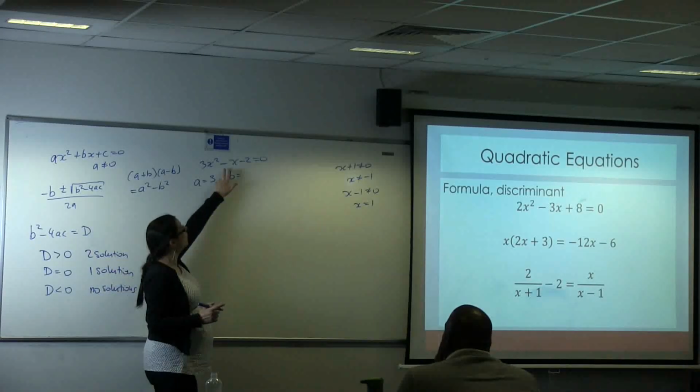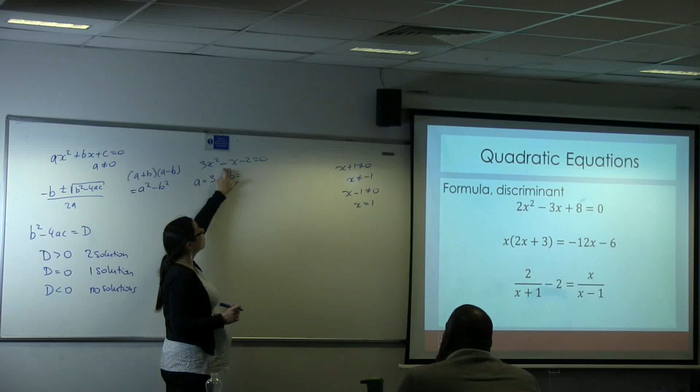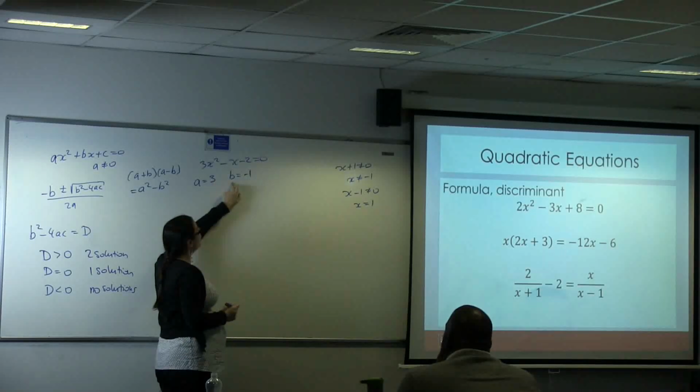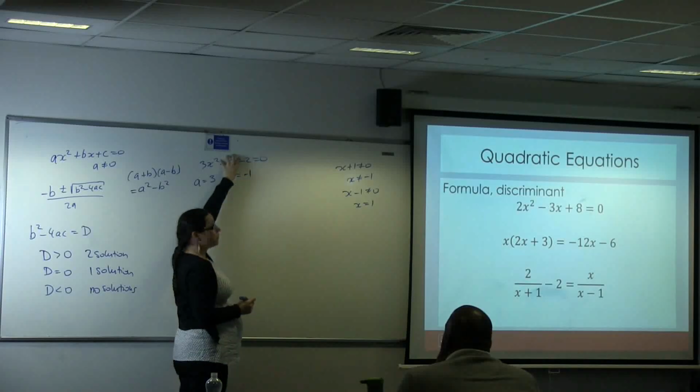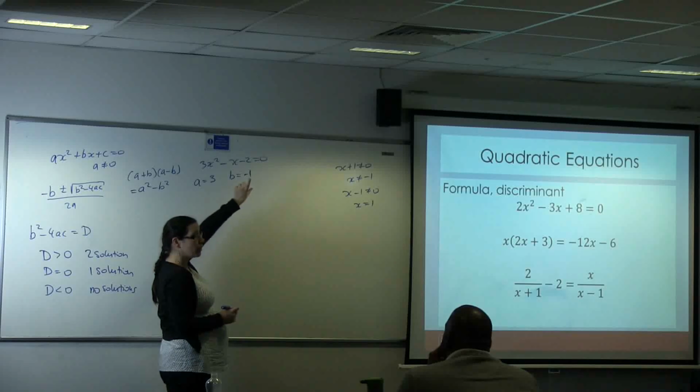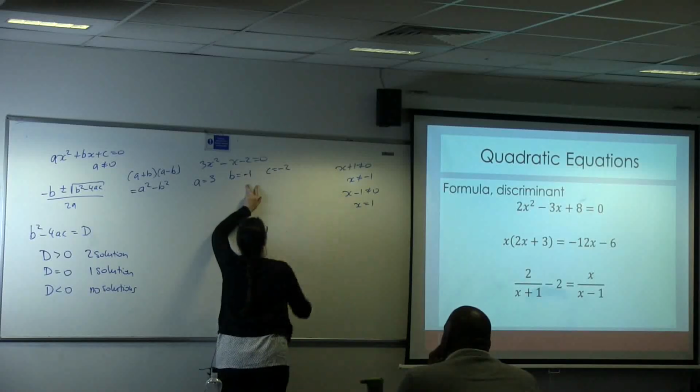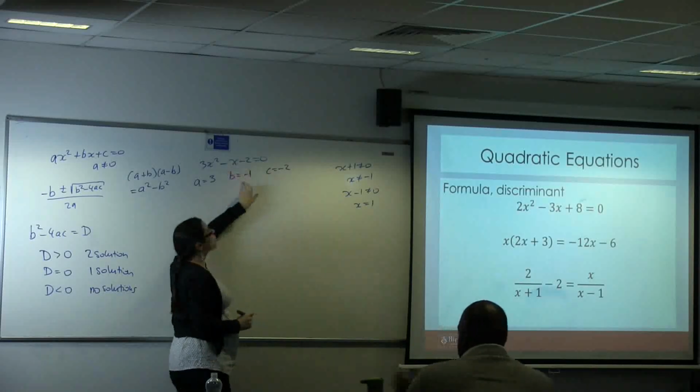Minus 1. Minus 1, okay? B would be 0 if there was no linear term. But because I have got a negative 1 linear term, that's why it's minus 1. And C is minus 2. So the sign always belongs to the coefficient.